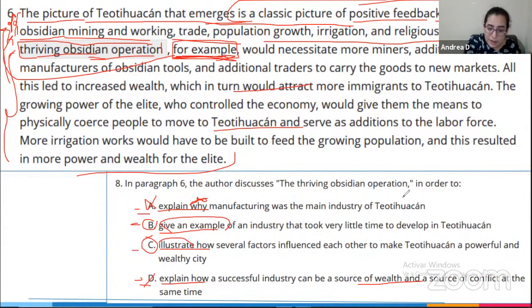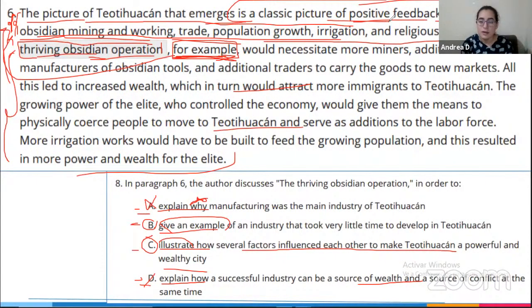And as Jasmila was saying, how several factors influenced each other to make Teotihuacan a wealthy city, that's what we're looking for, right? How several factors like these ones influenced each other. So they helped each other, they cooperated to make Teotihuacan a wealthy city or a prosperous city, I don't know. So is that okay?